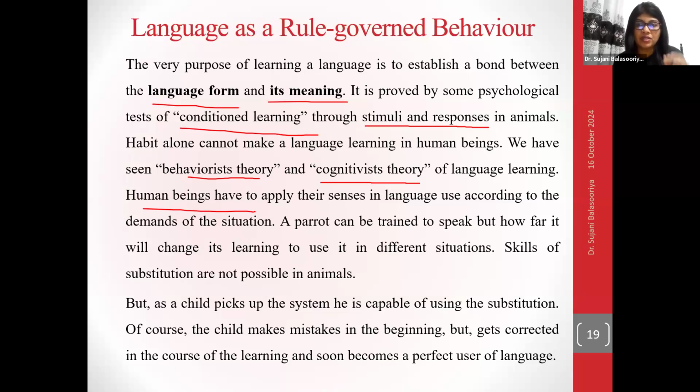You know about the senses in using language. Now here you have an example of a parrot. What do you think about a parrot using language? A parrot can be trained to speak, but how far will it change its learning to use it in different situations? What do you think about that?